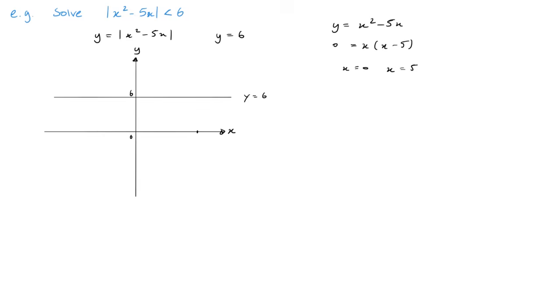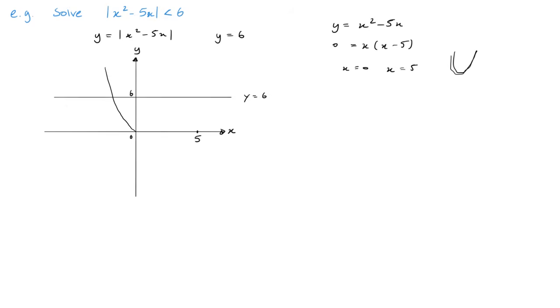So let's mark on 2 points there, and this is going to be a U shape because it's an x squared graph. However, we've got that modulus sign, which means that anything below the x-axis won't happen, okay? All those negative values will become positive values. So I'm left with a graph that looks something like this.